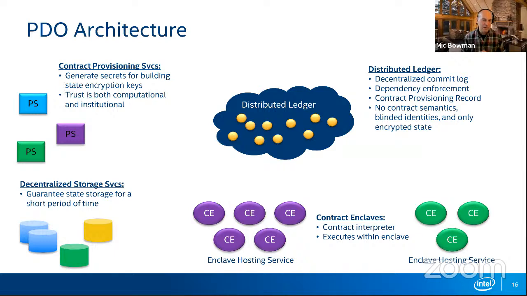It's the contract enclave services themselves that we provide the attestation for. Those attestations are registered in the blockchain so that they can be verified. They are verified on entry into the blockchain, but anyone who wants to see them is able to take a look at the attestations for the contract enclave hosting services.